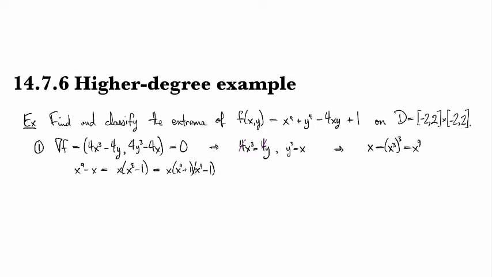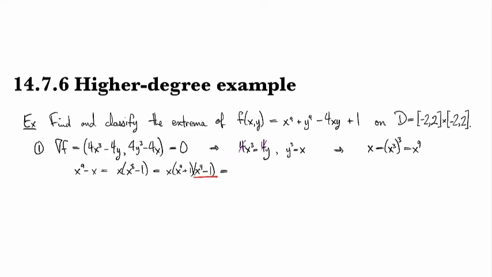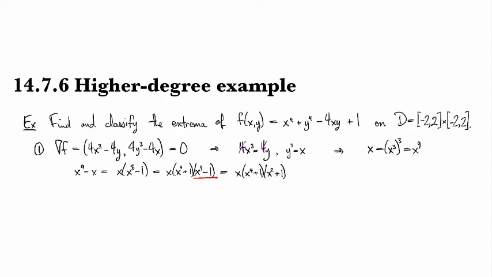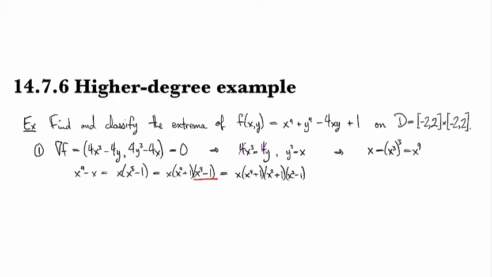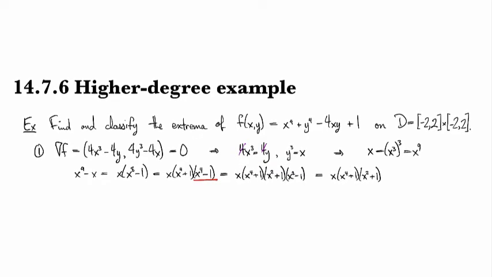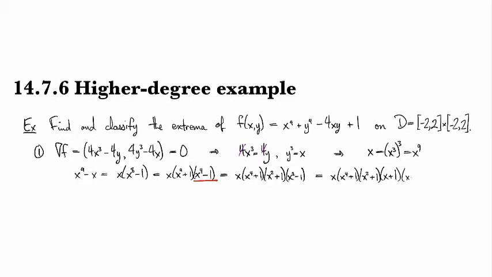Then I can use difference of squares on the second term in parentheses, and this becomes x squared plus 1, x squared minus 1. Then I can use difference of squares on that again, and I get x plus 1, x minus 1.